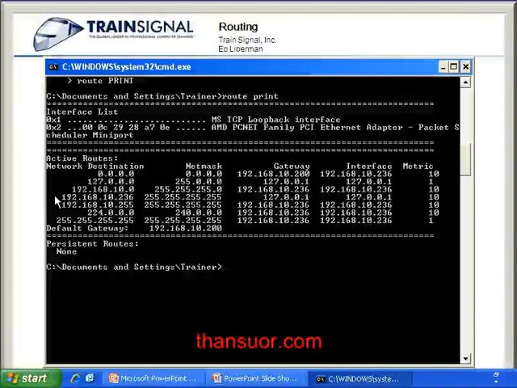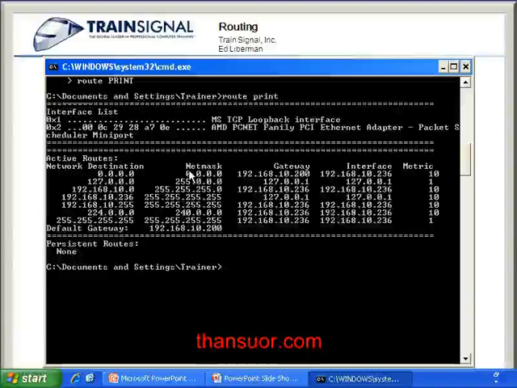I only have just the one network card, and I'm connected to, well, one network. And you'll notice here that it talks about network destination and mask, just like we saw before. And I happen to be on the 192.168.10 network. That's the network that this particular computer is on. And so you'll notice that anything on the 192.168.10 network, well, the gateway is going to be right here, this .236.